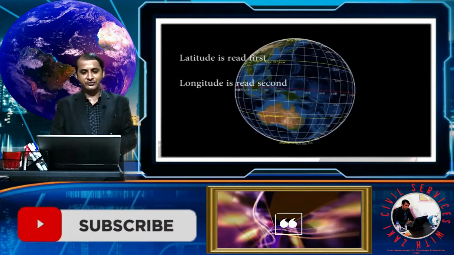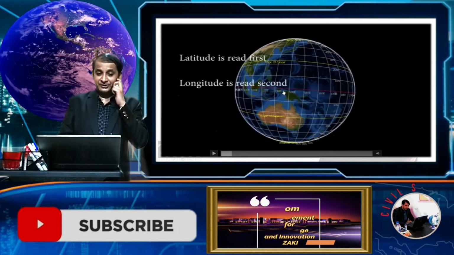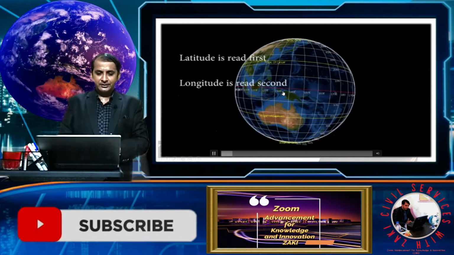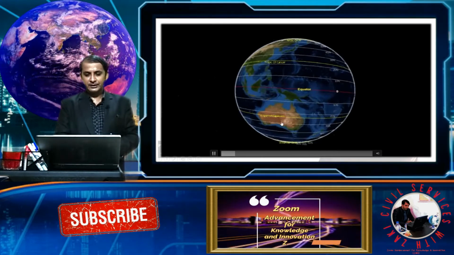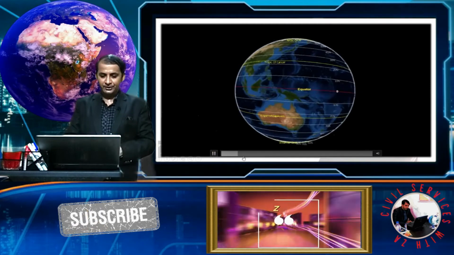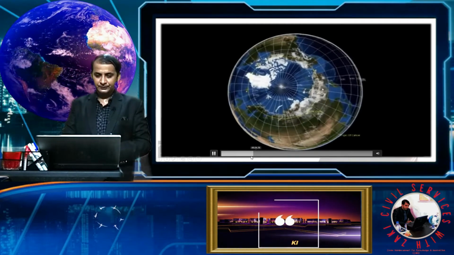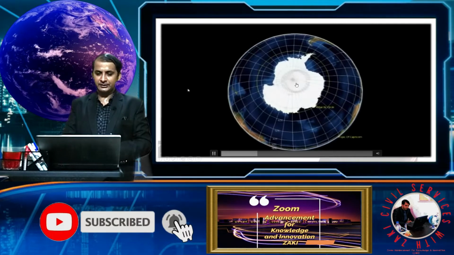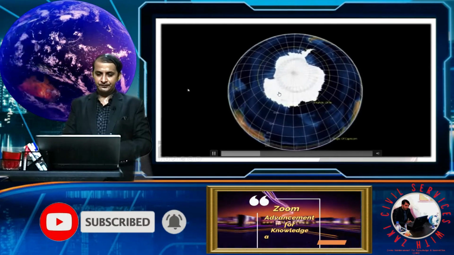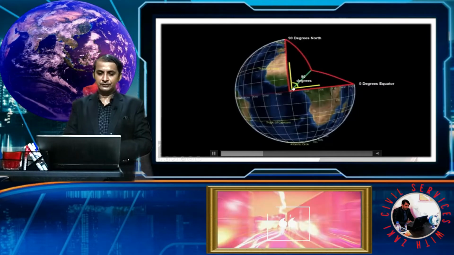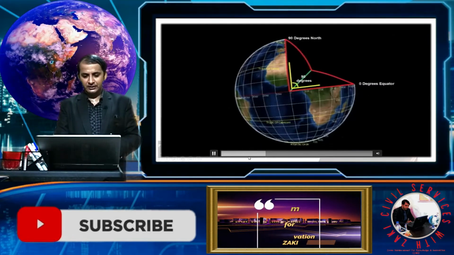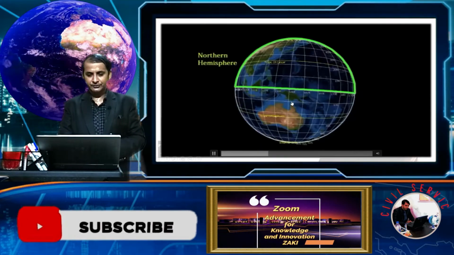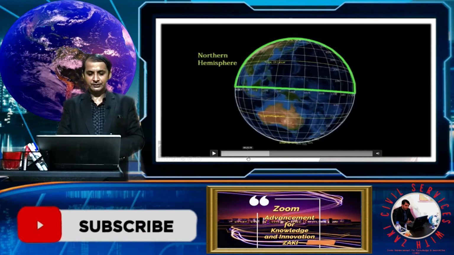So we also see what type of treaties. See here, it is our globe. That's the type of angle.